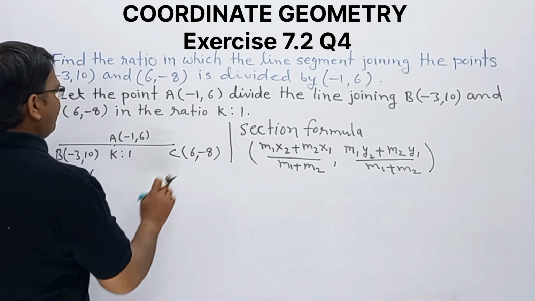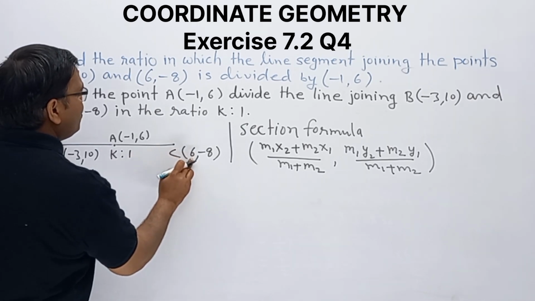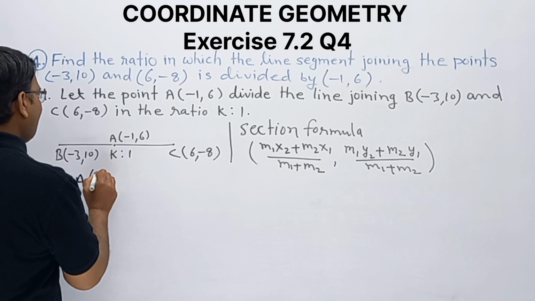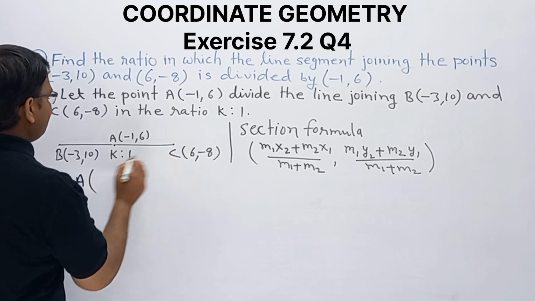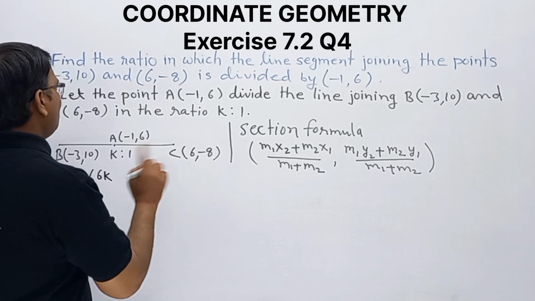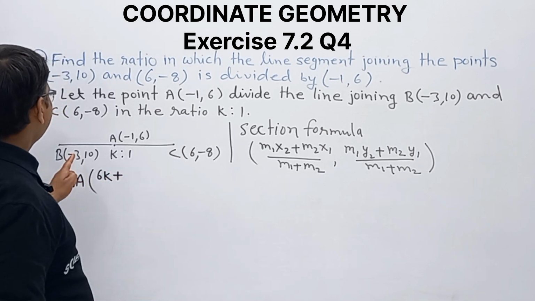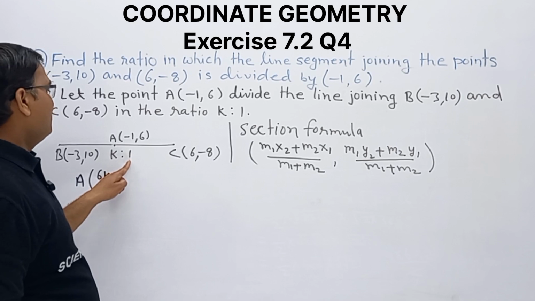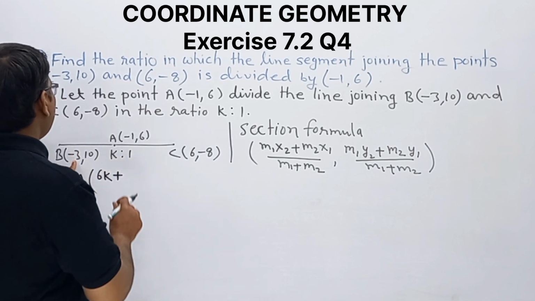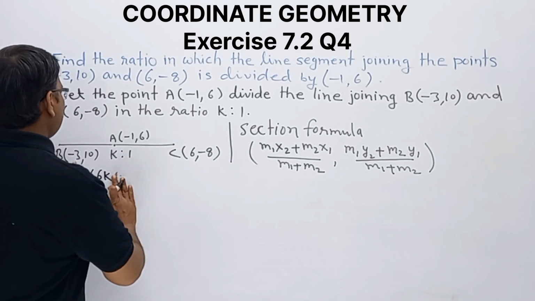m1 x2. m1 is k times x2, which is k times 6. So we can say 6k plus m2 x1. m2 is 1 and x1 is -3. 1 into -3 will be -3.